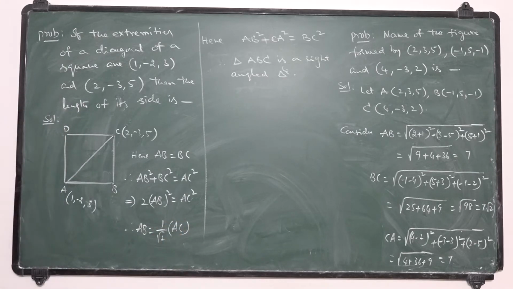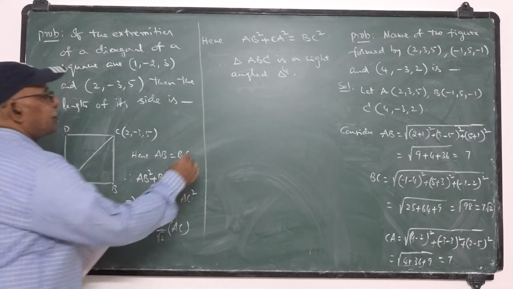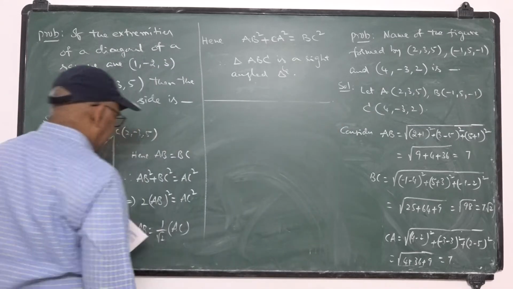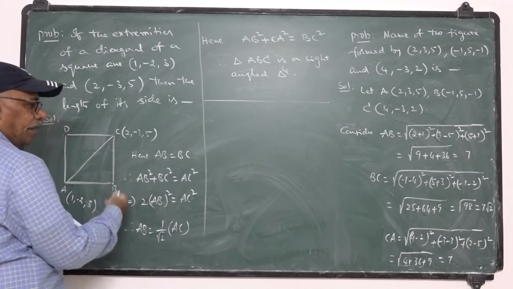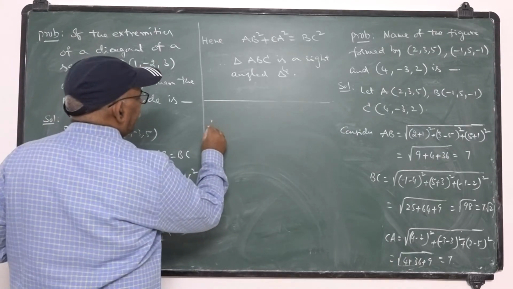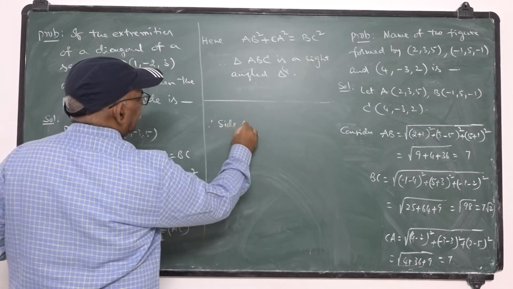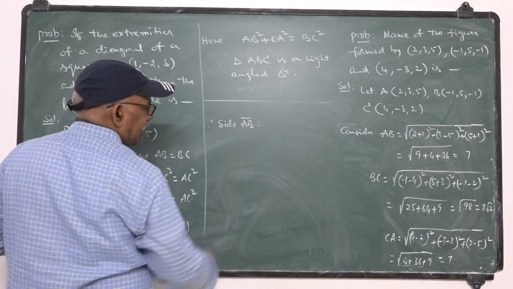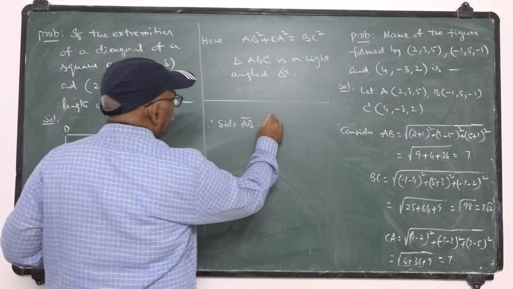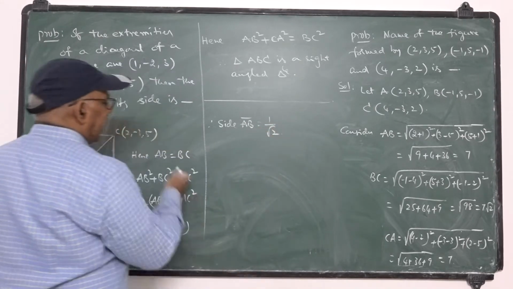Find the distance between AC here. Once you find the distance AC, you can find the distance AB itself, the side. So side AB length equals 1 by root 2 into diagonal length.